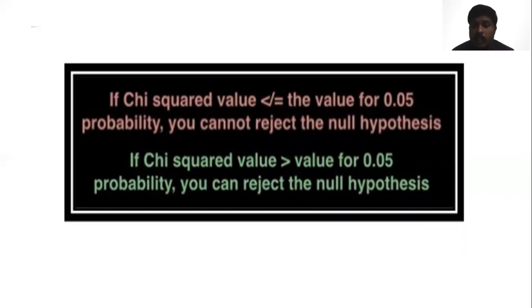Otherwise, if the chi-square value is greater than the tabulated value at the 5% level of significance, we will reject the null hypothesis. In the previous three tests also, we have such kinds of formulas to accept or reject the hypothesis.